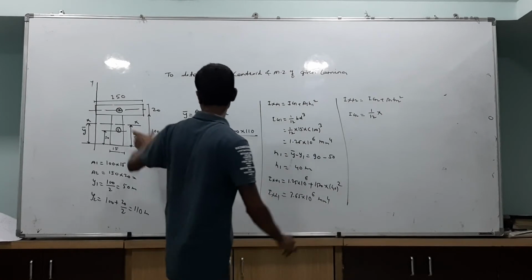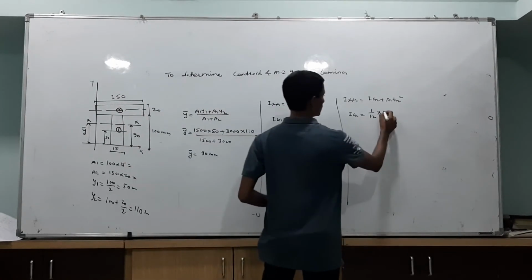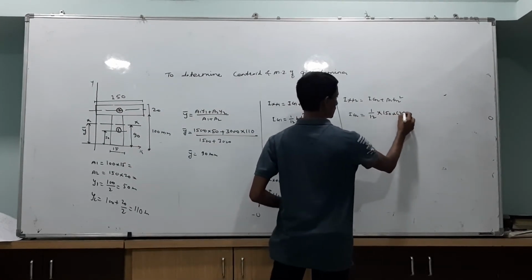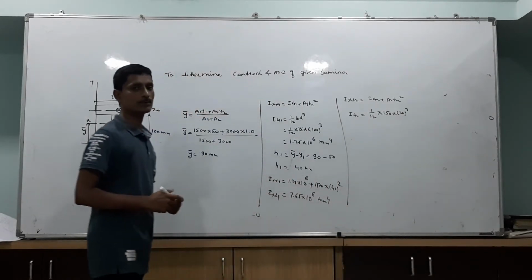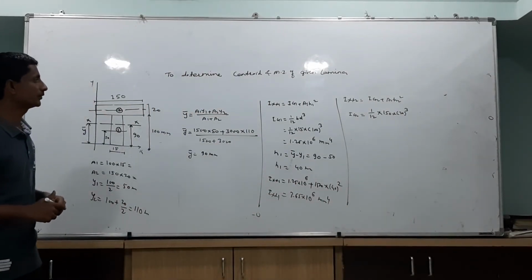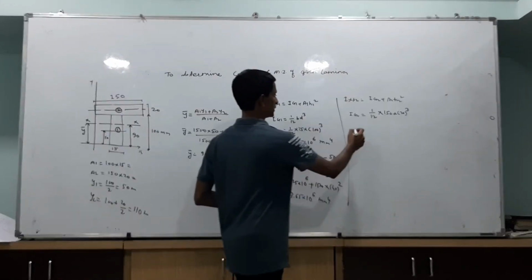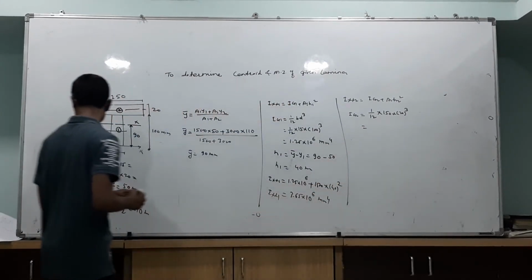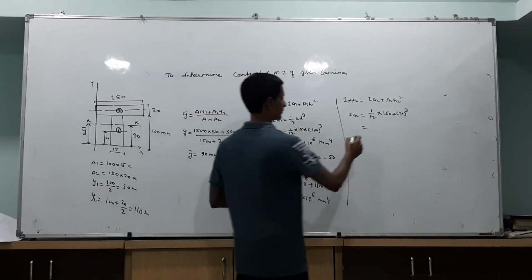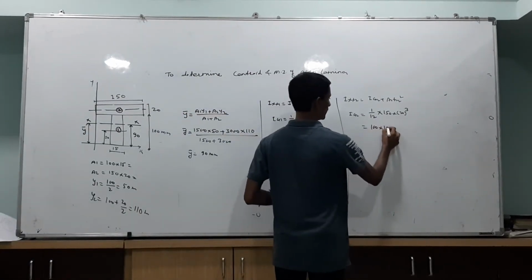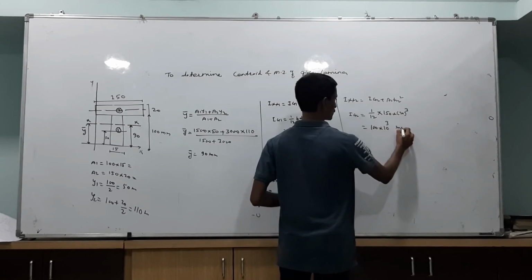In this case B is 150 and D is 20. So Ig2 is equal to 1 by 12 into 150 into 20 cube. After calculation, its value is 100 into 10 raised to 3 mm raised to 4.